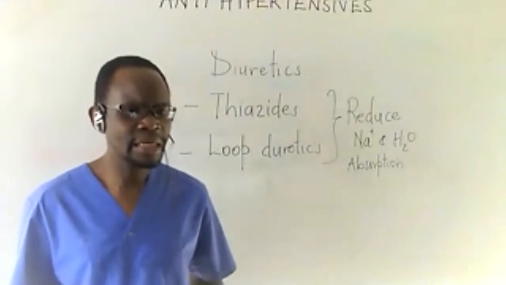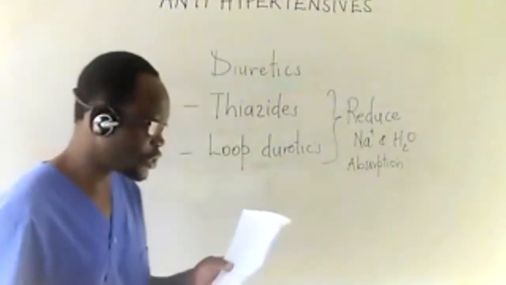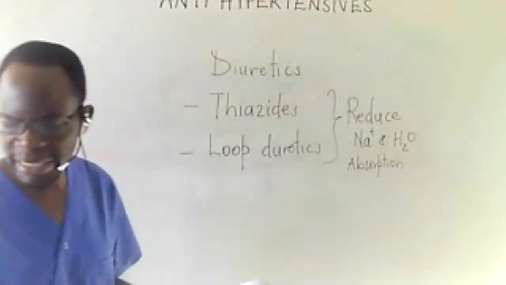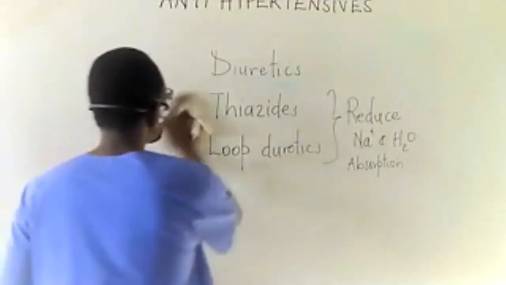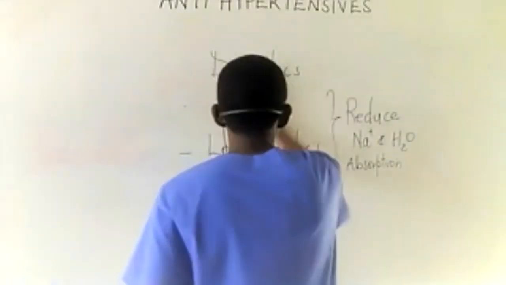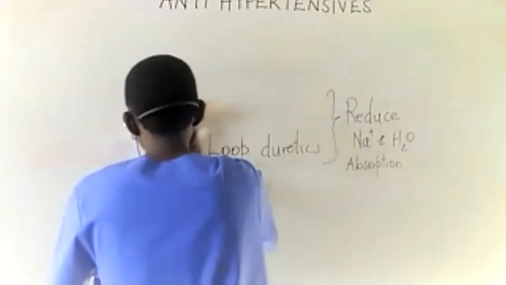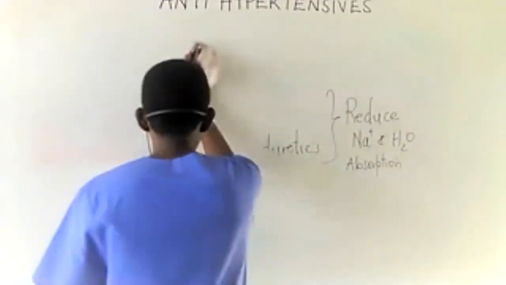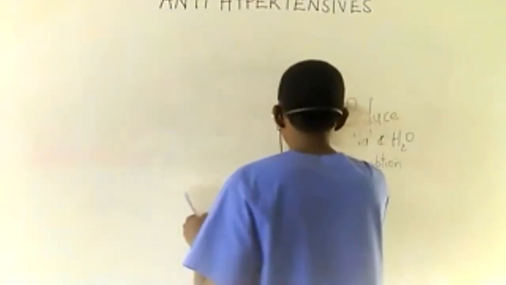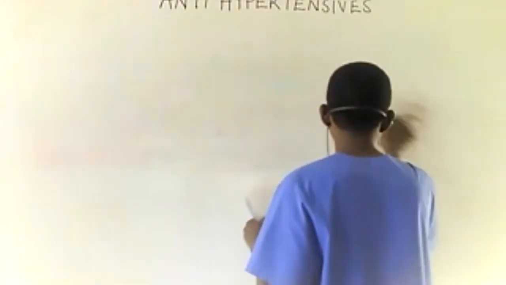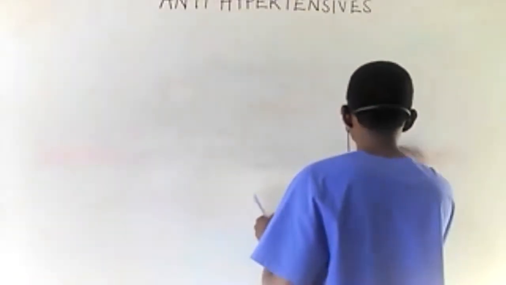Now, lastly, before we finish up this topic of hypertension, it is very important for you to know about what we refer to as hypertensive emergencies, and what you are supposed to do in a hypertensive emergency.